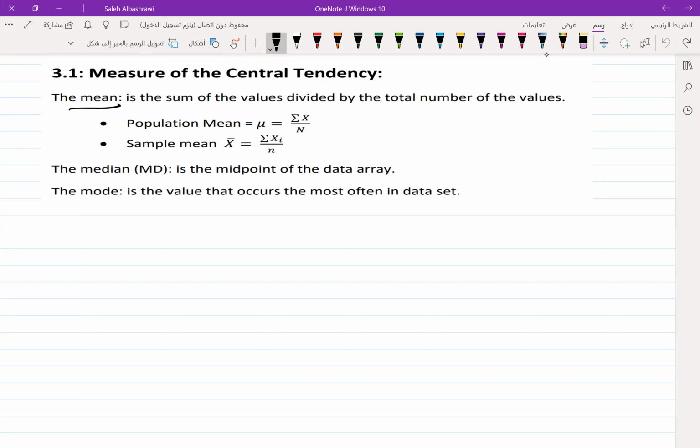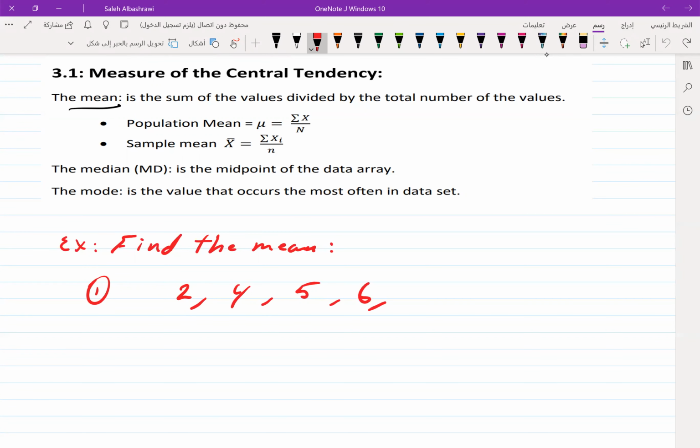For example, find the mean, calculate the mean. So I have these values 2, 4, 5, 6, again 2, 9, 10, 12, 13.